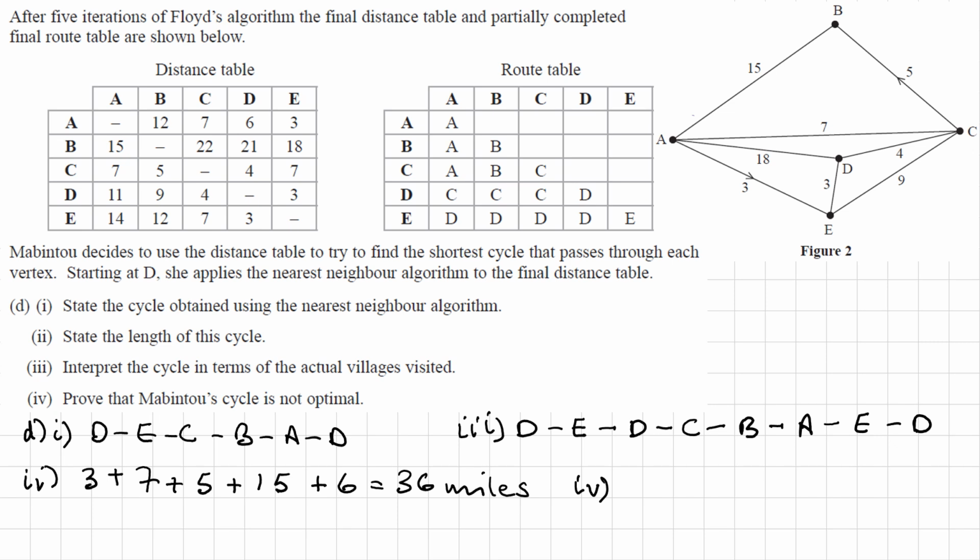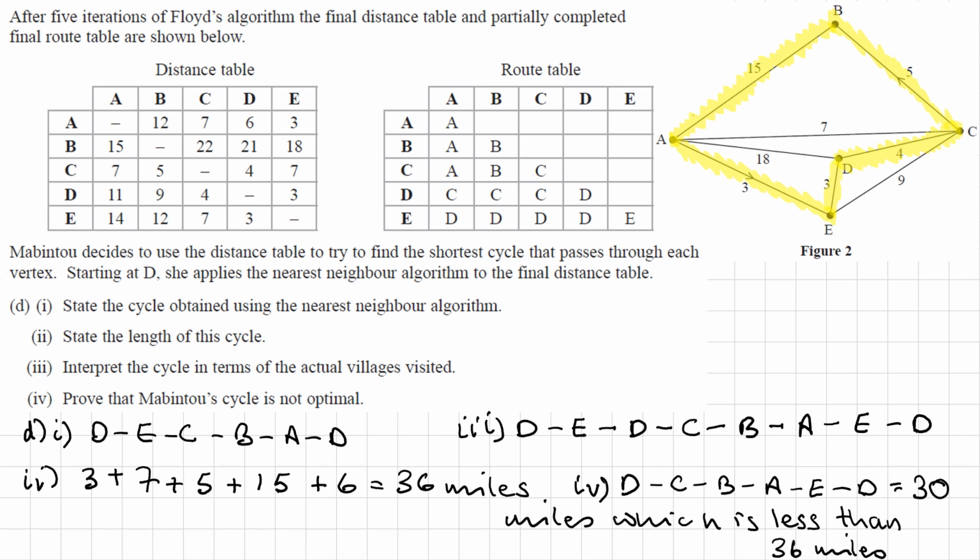So I could start at D, and then from D I could go to C, so that gives me 4, and then from C to B, so I've now got a weight of 9, and then to A, so 9 plus 15 gives me 24, and then 24 plus 3 to get to E, 27, and then plus another 3 to get back to D again.